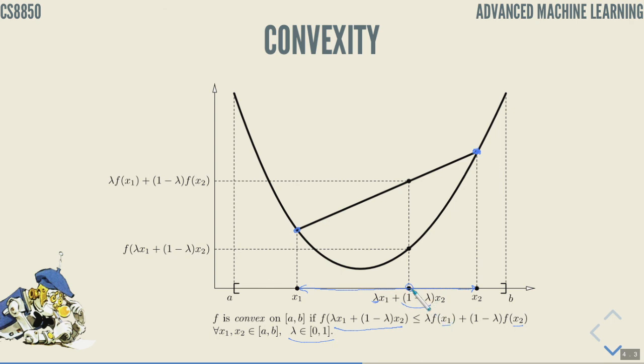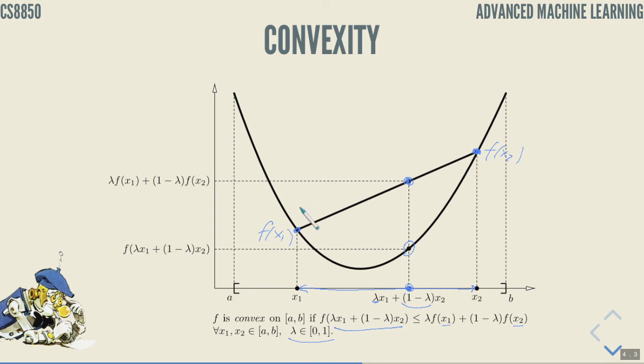If we evaluate at any of the points in this interval, we evaluate the function at this point and then find the corresponding value of the linear function that connects f of x1 with f of x2. It works in any dimensions. Then it is less than or equal to. So basically, you can see it here.